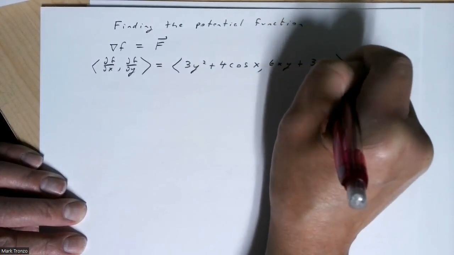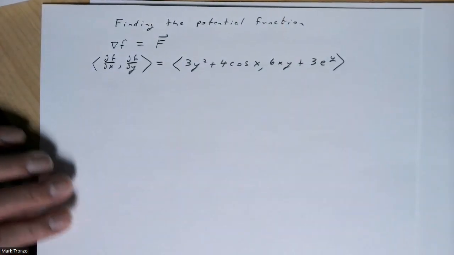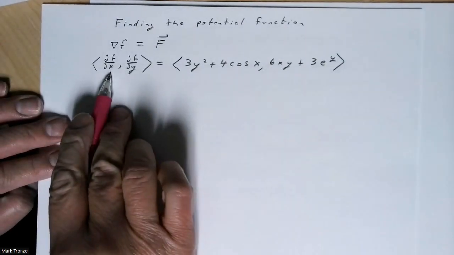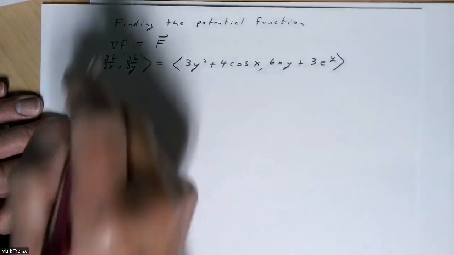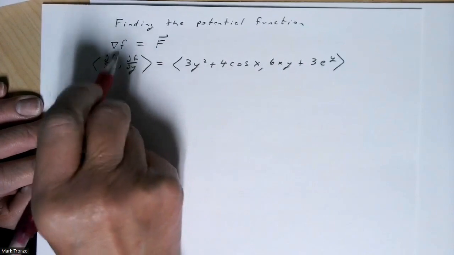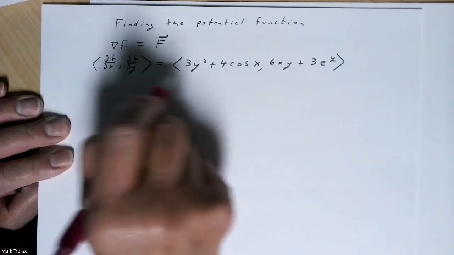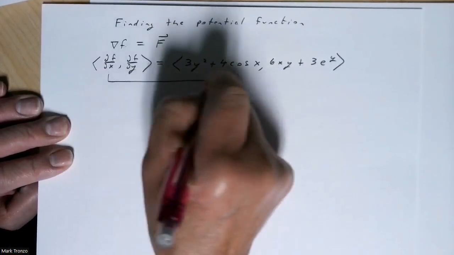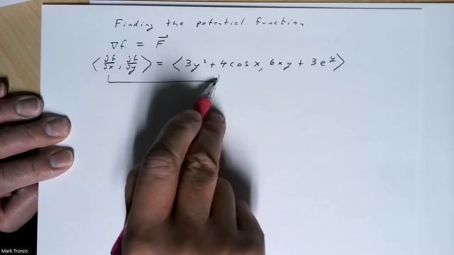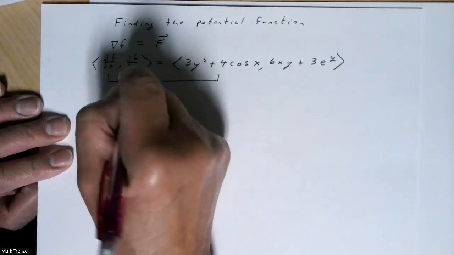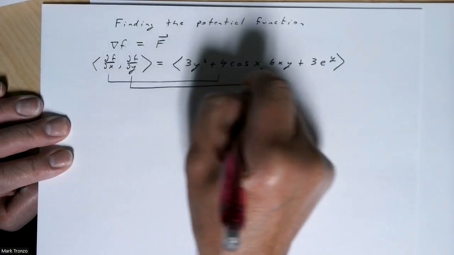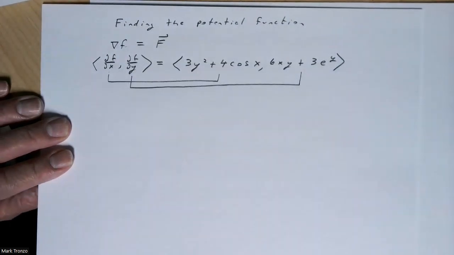Let's just match these up. So what does this say? This says we want a function f such that its derivative with respect to x is equal to this, and its derivative with respect to y is equal to this.